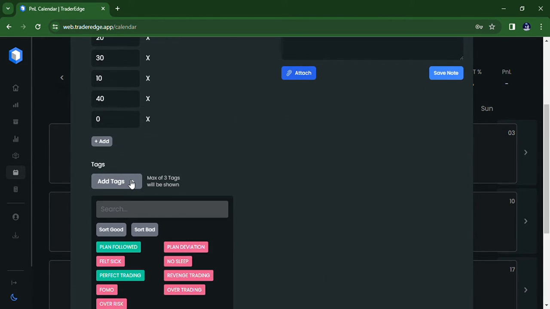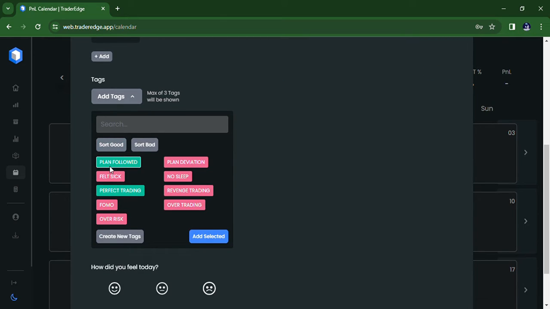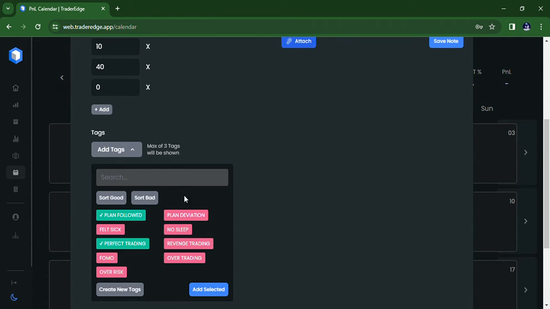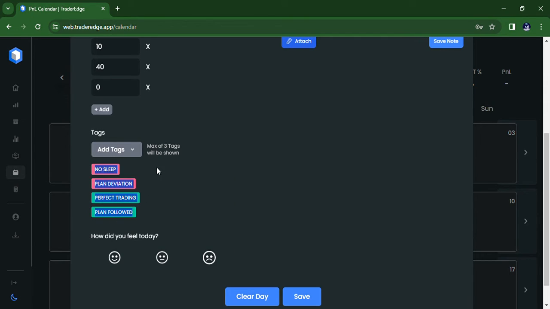Then you can add tags, like whether you executed with plan, follow, yes, and perfect trading, and add selected. And if you had a plan deviation, you can add anything as you did that day, and how did you feel today, like we are satisfied with the trade, yes.